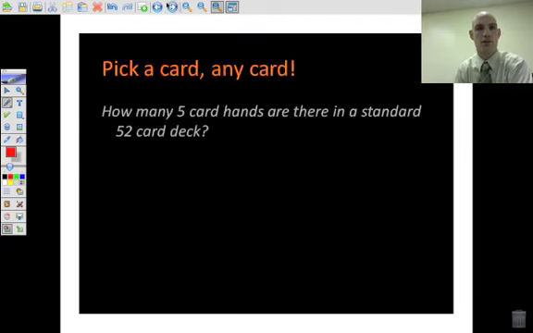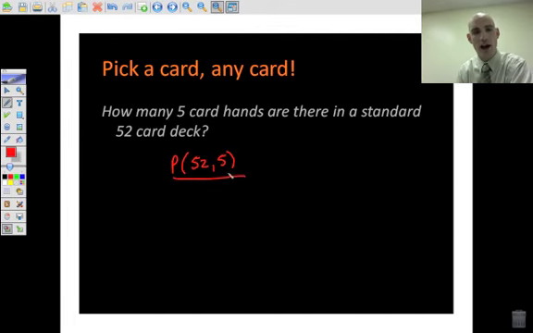So let's look at a couple of examples. A common example when we start to talk about statistics is playing cards. If we have a 52 card deck, we are going to pick 5 of them from 52. That would be the number of 5 card hands. But what we need to take into consideration is the fact that if we have 5 cards, we could arrange them in any order.